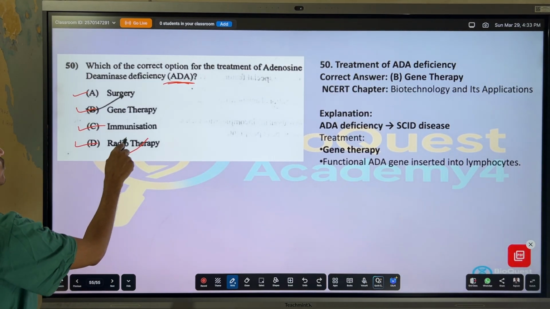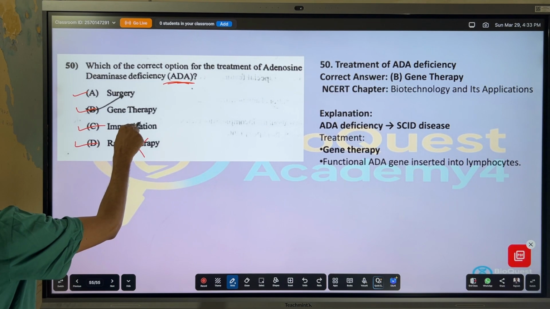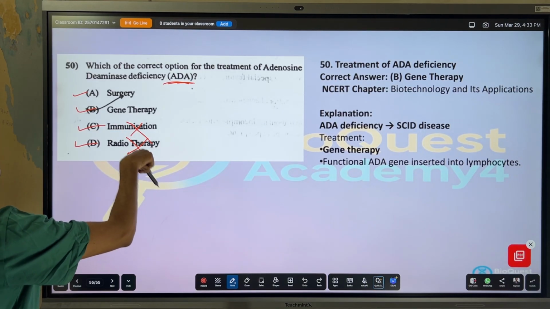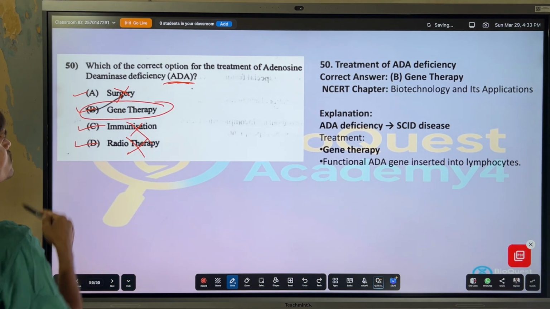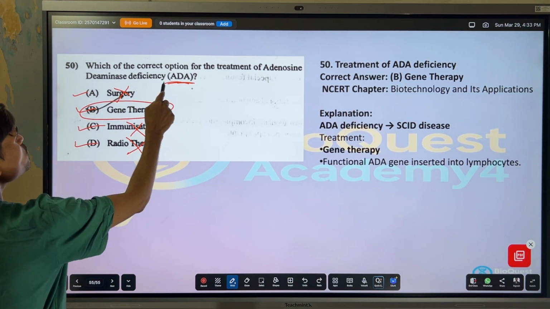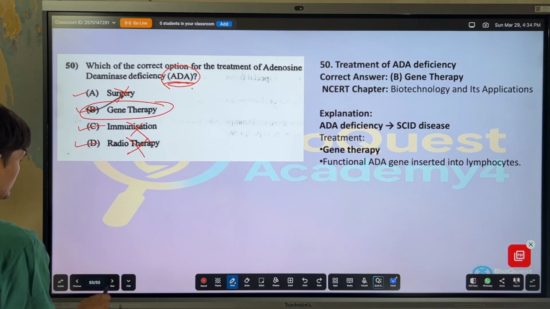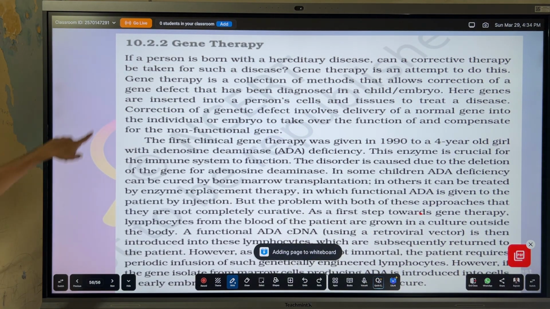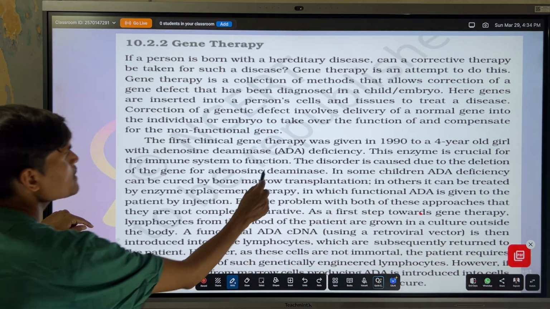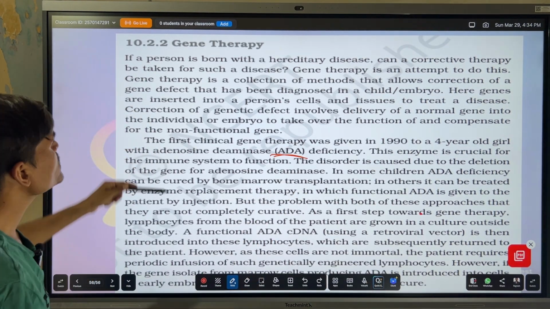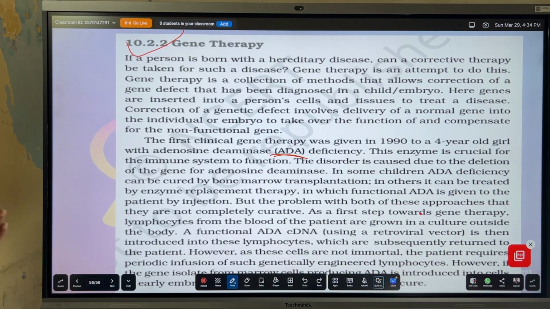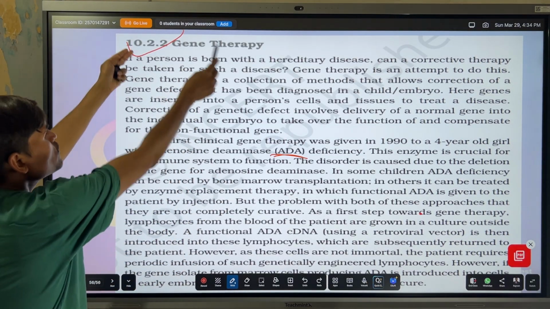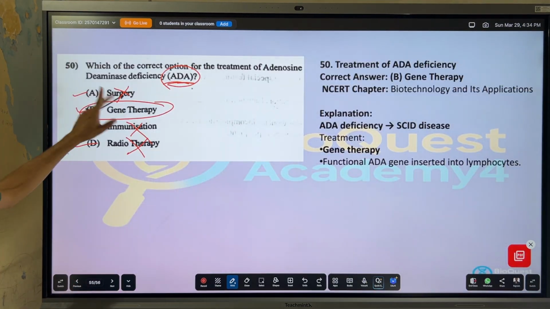Radiotherapy we do for cancer, immunization also for cancer, surgery also for cancer, but gene therapy we use for ADA. Gene therapy, we do this in the gene therapy section. The whole theory is there, but we don't need to read how it is happening right now. So the answer will be gene therapy.